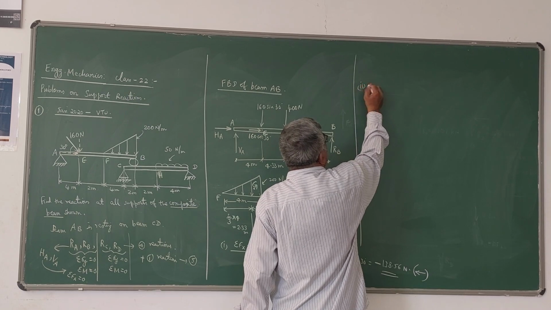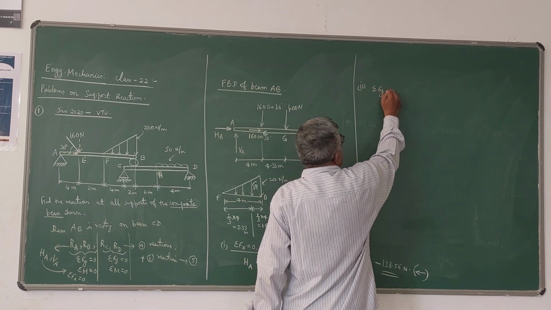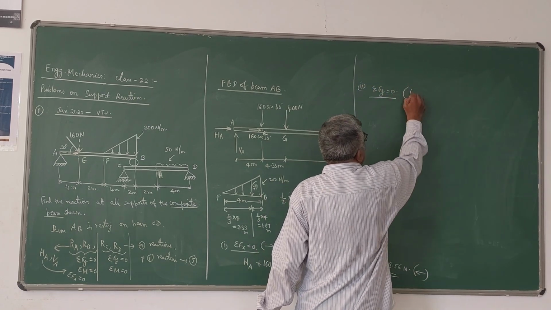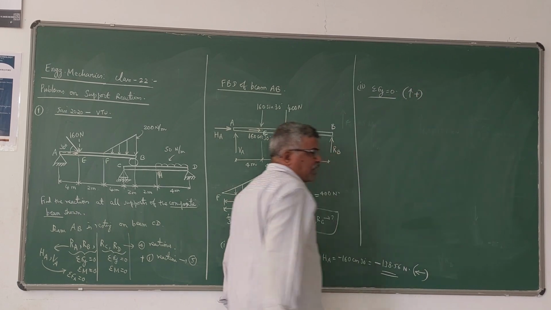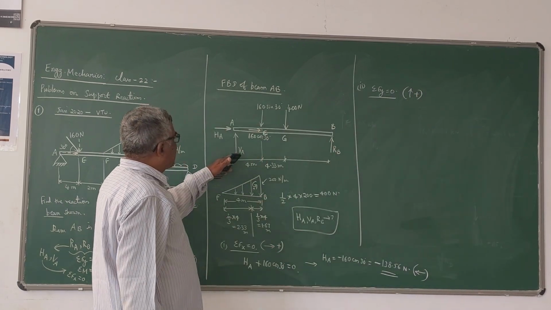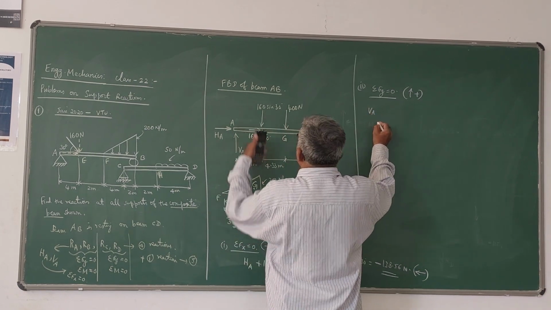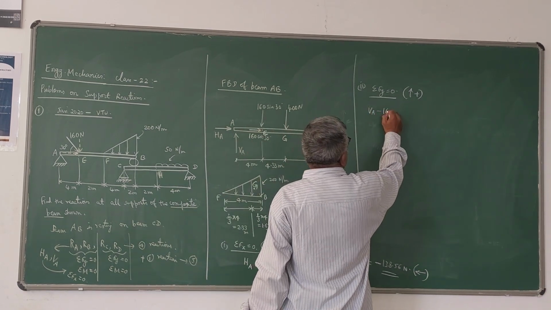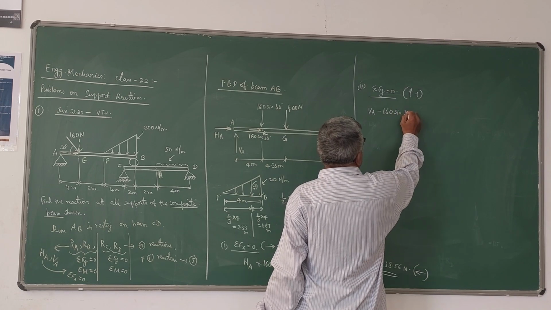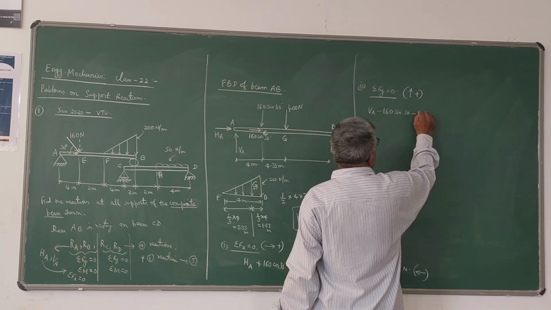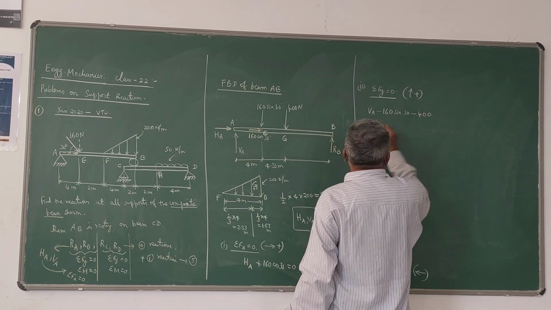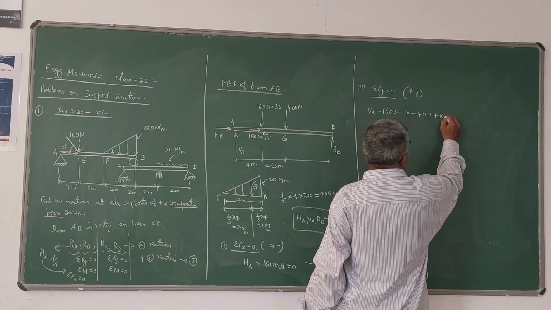Now the second equation is sigma Fy is equal to 0. For this the sign convention is upward force is positive, downward force is negative, including reactions. So VA is positive, it is acting upwards. 160 sin 30 is negative because it is acting downwards, minus 160 sin 30. 400 is also negative, minus 400. RB is positive, so plus RB is equal to 0.